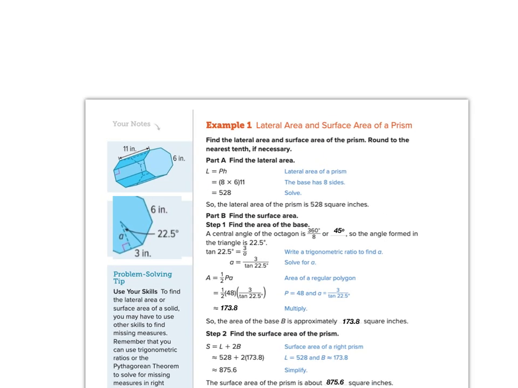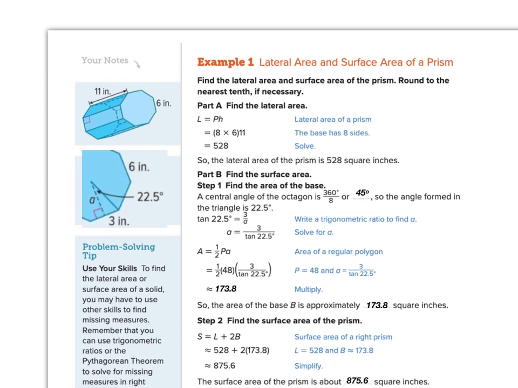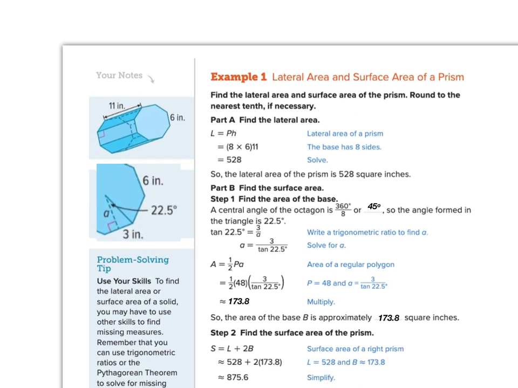Now, as we talk about lateral area and surface area of a prism, it wants us to find the lateral area and surface area of the prism, rounding to the nearest tenth if necessary. Looking here, it says the lateral area. Remember, they came up with the perimeter times height.